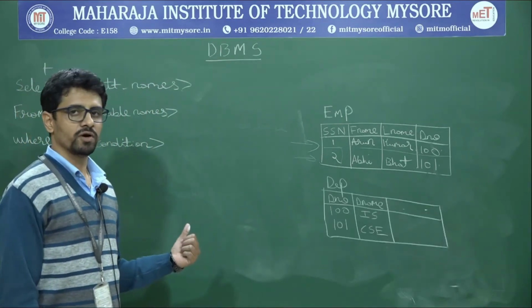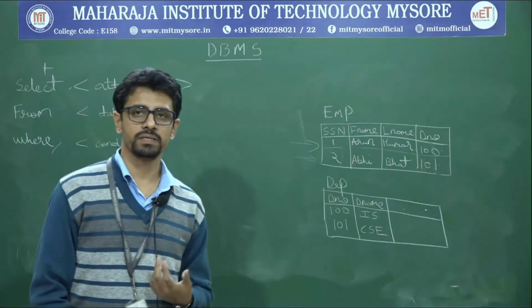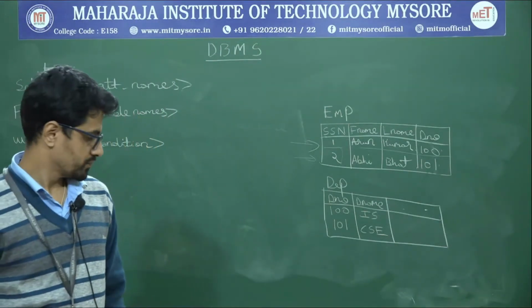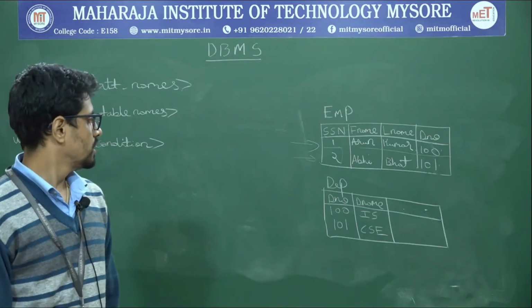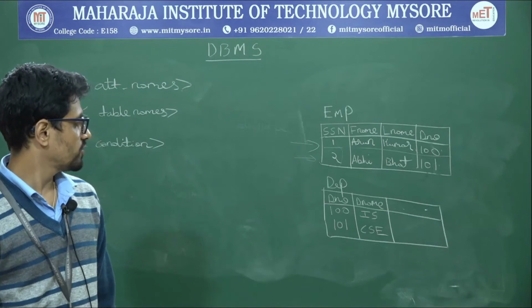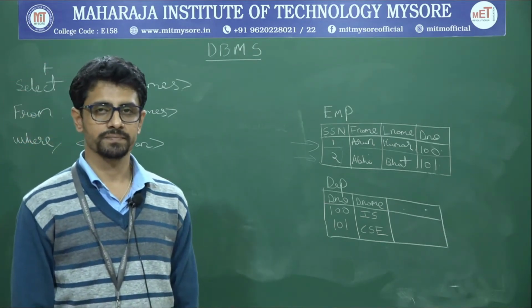Now we'll see an example of how we can use multiple tables in order to query a result. Say for example, display the names of employees who work in department name as ISC.